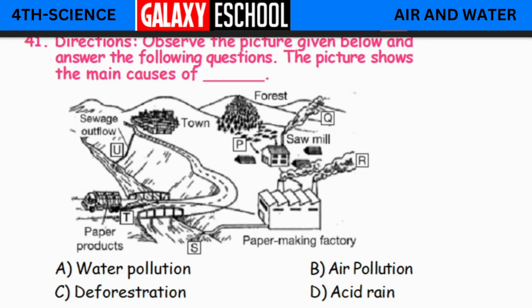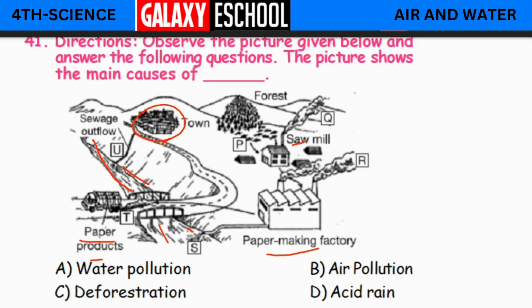See here, you have a forest and a sawmill and factories, that is a paper making factory. From what do we make paper, children? From the wood. So that is why we have a sawmill also here. And here there are some paper products made, and this is the river, a water body, and here is the town.